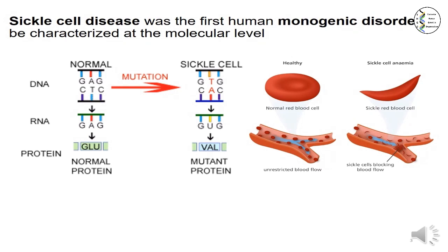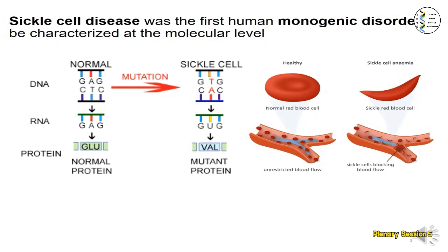As you can see here, these patients tend to have these sickle cells, and these sickle cells block the blood flow in the blood vessels, and as a result, these patients tend to have pain in the joints, and actually this is one of the pathophysiology of sickle cell disease.